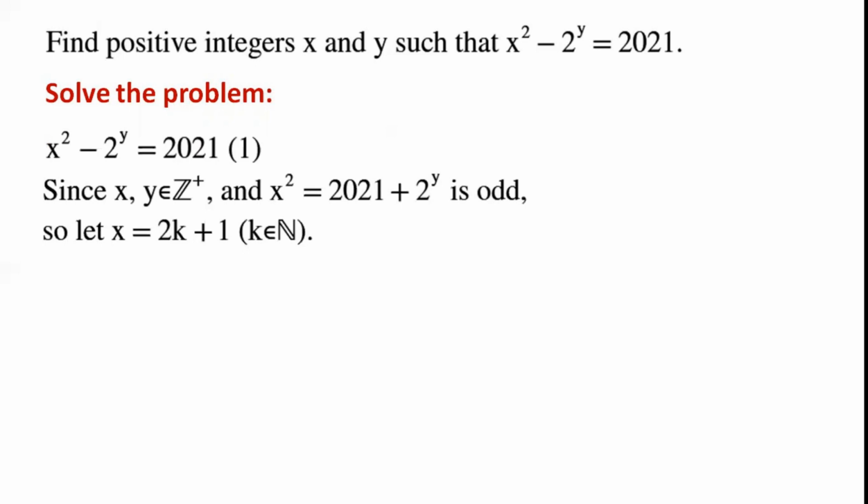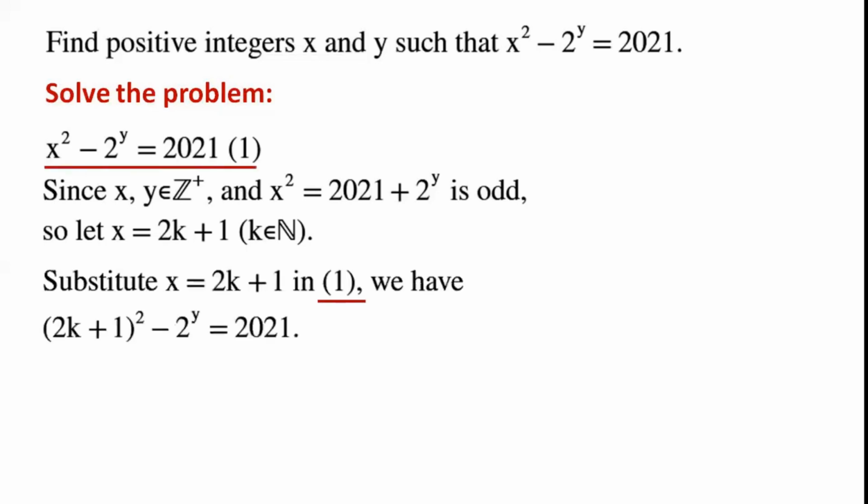which is odd. So let x equal 2k plus 1, where k is a natural number. Substitute x equals 2k plus 1 in equation 1.